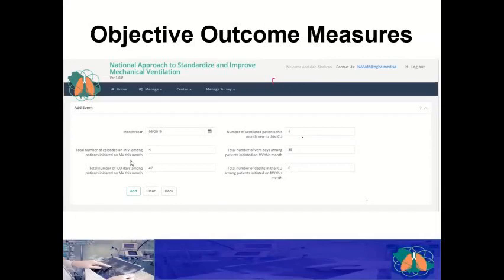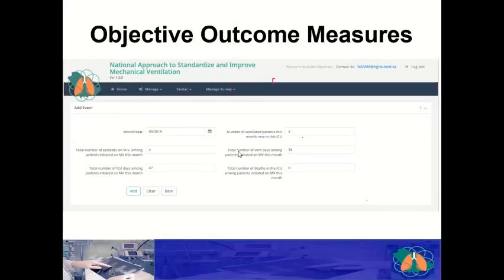And the total number of episodes on mechanical ventilator: with 4 patients, at least we'll have 4 episodes. And we found none of our 4 patients had been extubated for 1 calendar day, then re-intubated, or was liberated from mechanical ventilator and again placed back on the ventilator. So we had only 4, as written in the form.